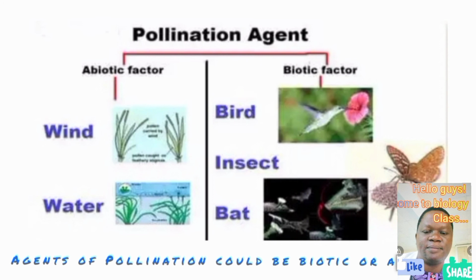The biotic factors are the living factors, which could be birds, insects, bats, butterflies, bees, and other types of living organisms. It could even be human beings that bring about pollination.